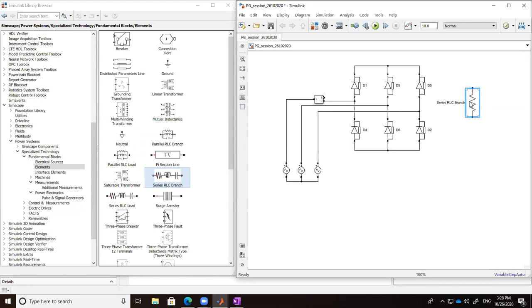Right? Rotate it. Fine. And now the current measurement block is connected once again in series. Connect it like this.